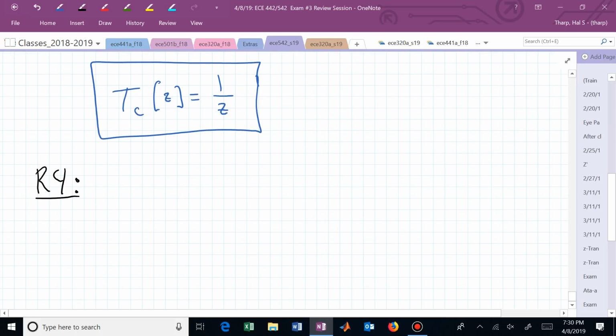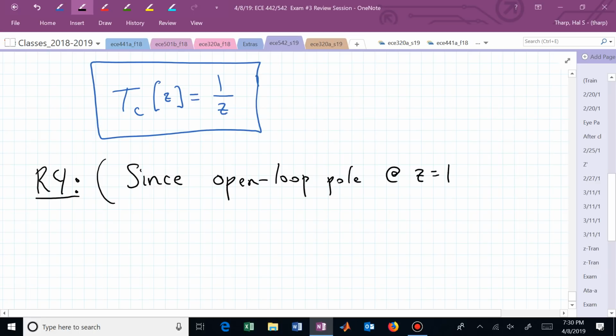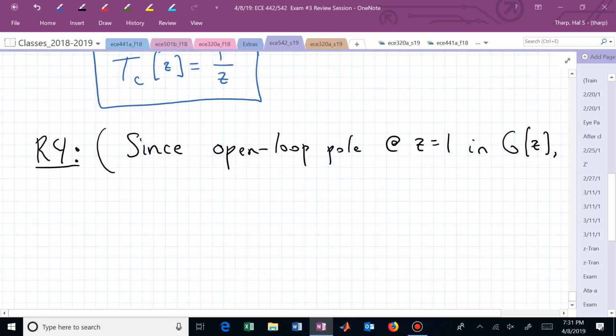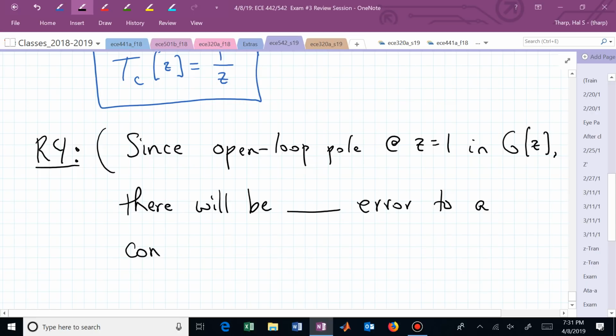Let's return to restriction 4. We don't need to, but we can see, hopefully, that since the open loop pole at z equal to 1 in the g of z, there will be what kind of an error to a constant input.